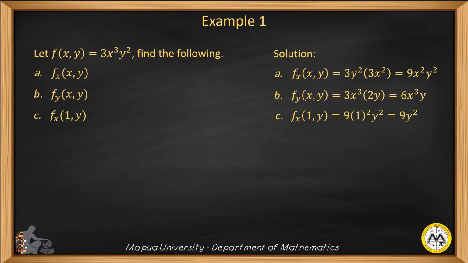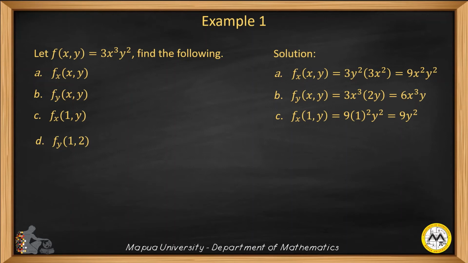And since we are asked to evaluate the partial derivative of f with respect to x at (1, y), then we replace x in this given expression with 1. And therefore, the partial derivative of f with respect to x evaluated at (1, y) is equal to 9 times 1 squared times y squared, or 9y squared.